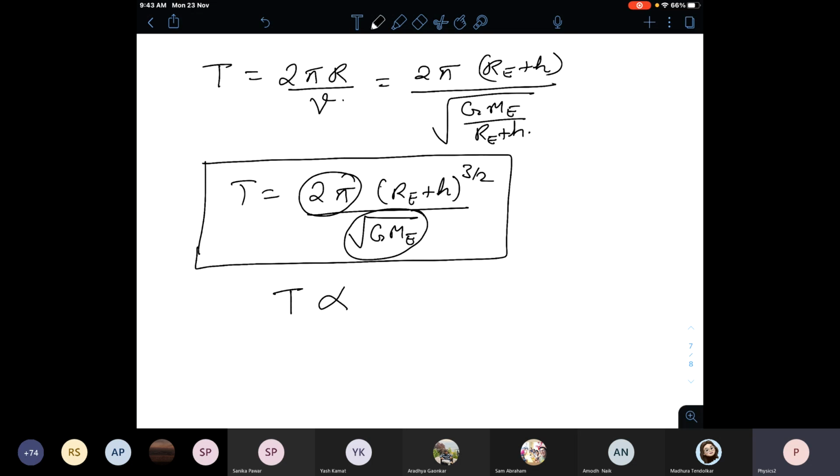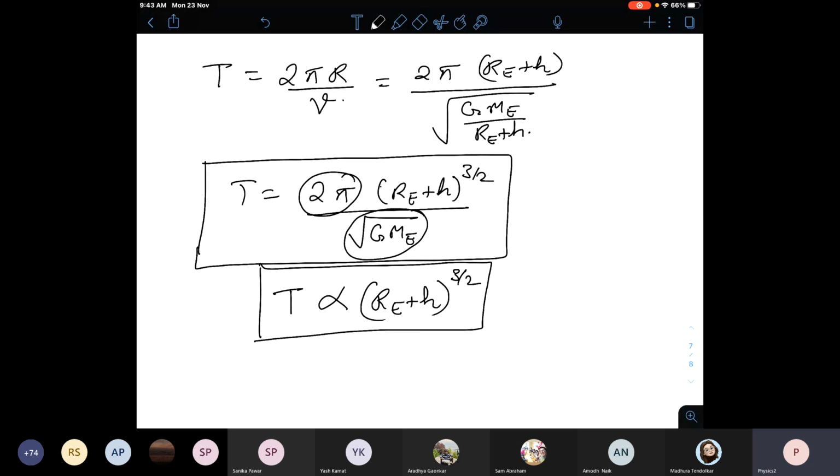The only variable here is (Re plus h) raised to power 3 by 2. So the time period is directly proportional to (Re plus h) raised to power 3 by 2. This is a very important relation.